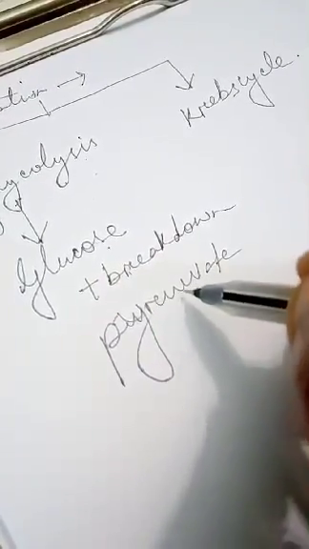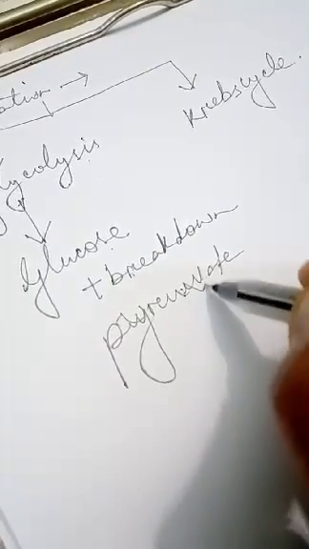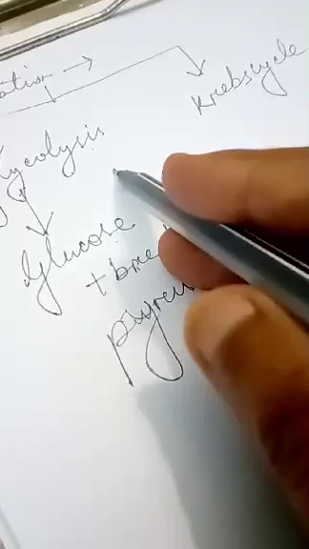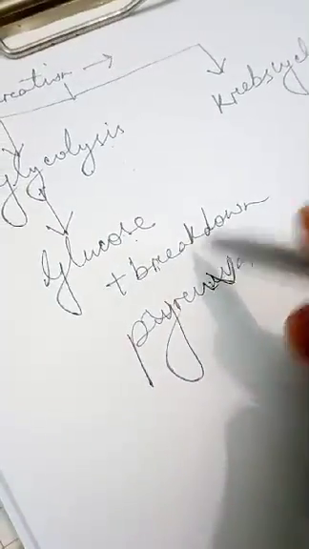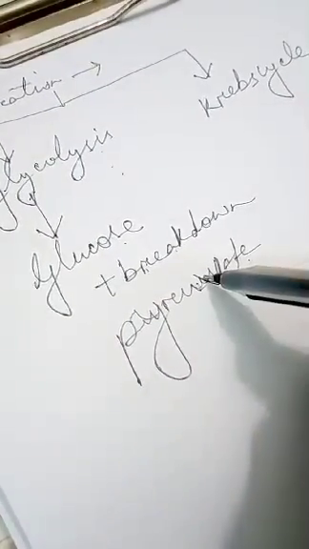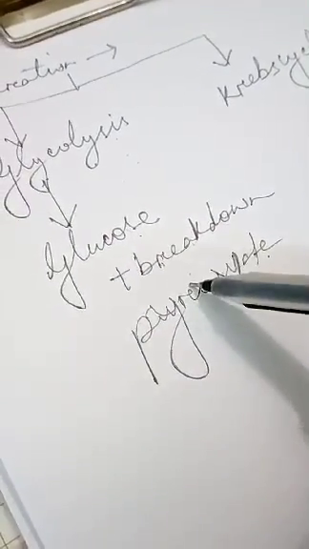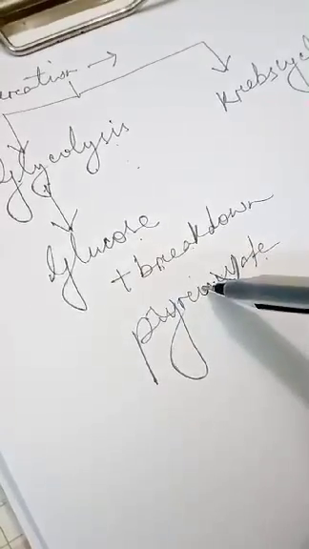In this process there is no use of oxygen, so it is a completely anaerobic process. Glycolysis takes place in the cytoplasm of the cell.